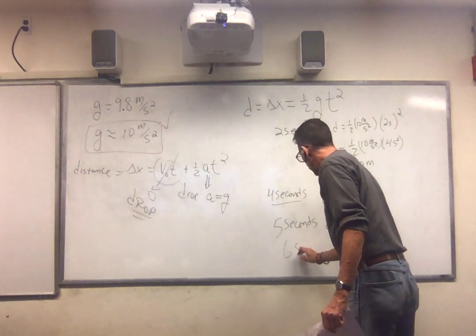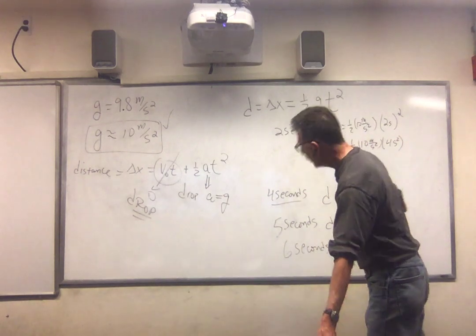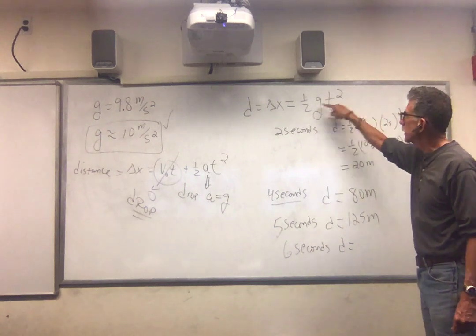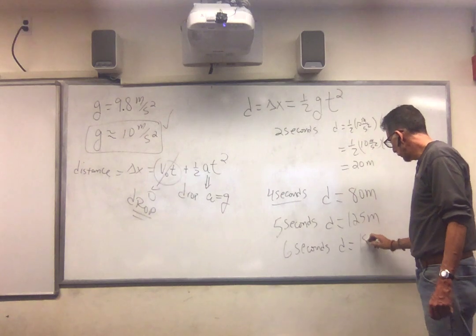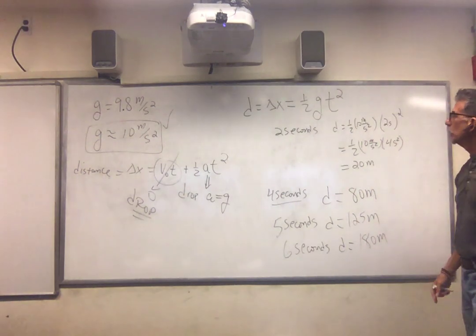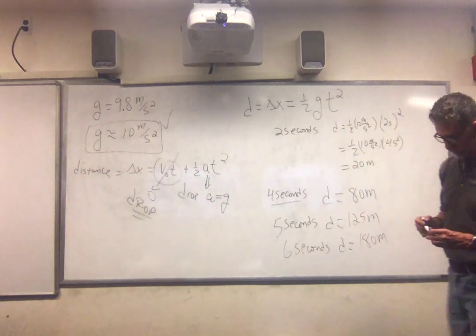Let's do 6 seconds. D equals, here we go. So easy. What's 6 squared? 36 times 10, 360. Divided by 2 is what? 180. And so forth. Very, very simple. Take t squared, multiply by 10, divided by 2. Okay?